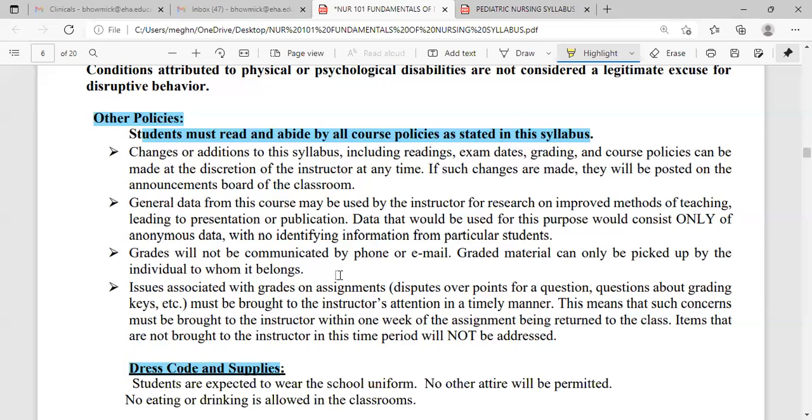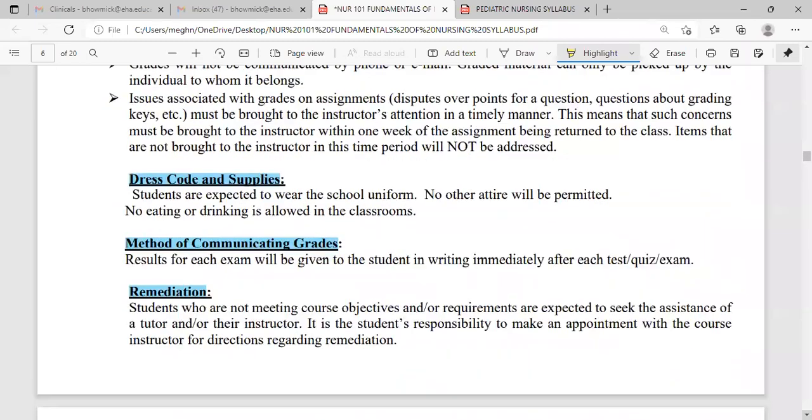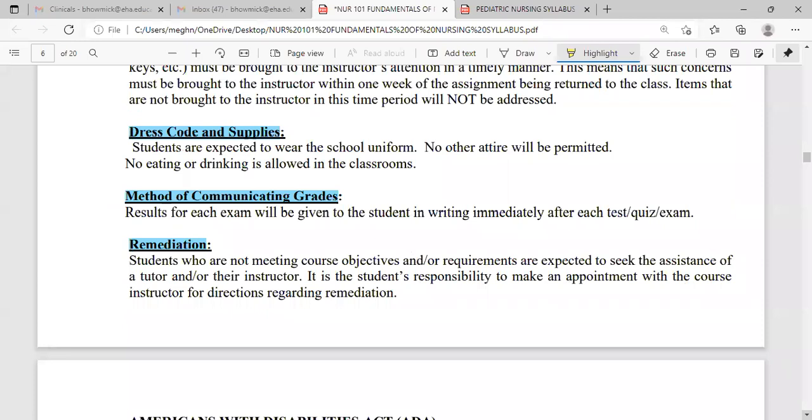And here are some dress code and supplies. Students are expected to wear the school uniform when they come to school in person, for any lab, any lecture, or any simulation lab class. No other alternative dress is allowed.